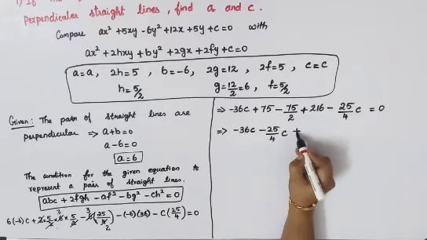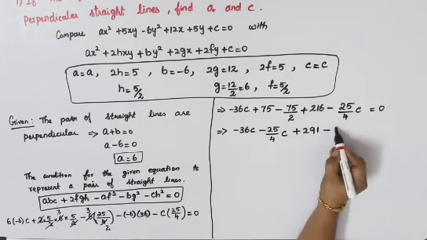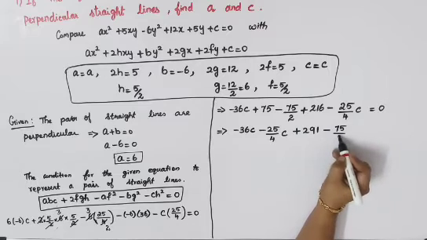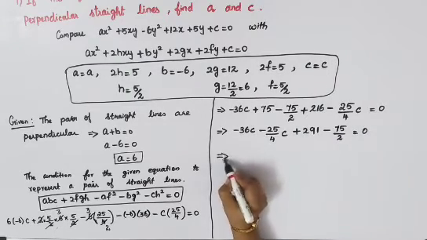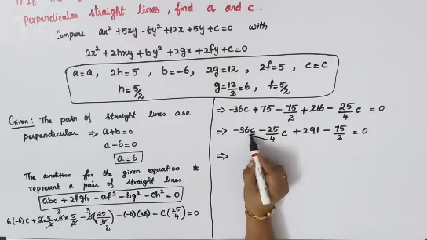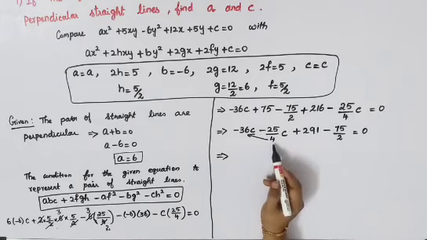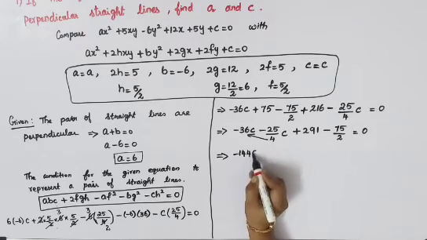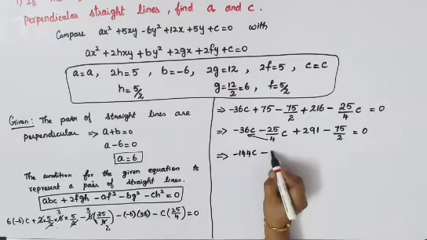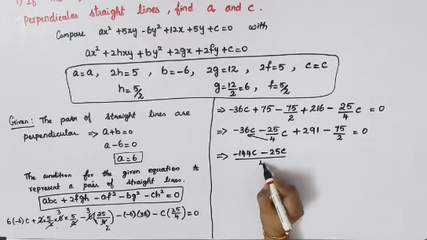If you add it, you will get 291 minus this 75 by 2, which is equal to 0. That implies, now we'll just go for LCM, otherwise cross multiplication. Minus 36 into 4, you will get minus 144C minus this 25C as it is, whole thing divided by 4.